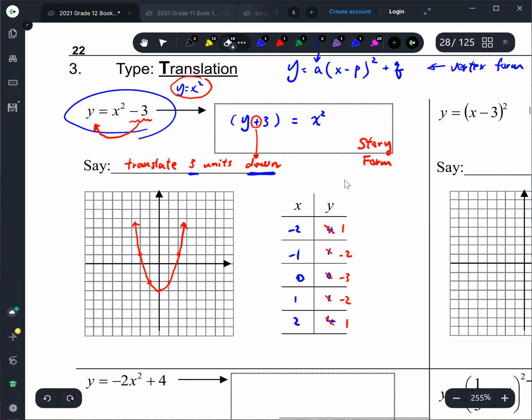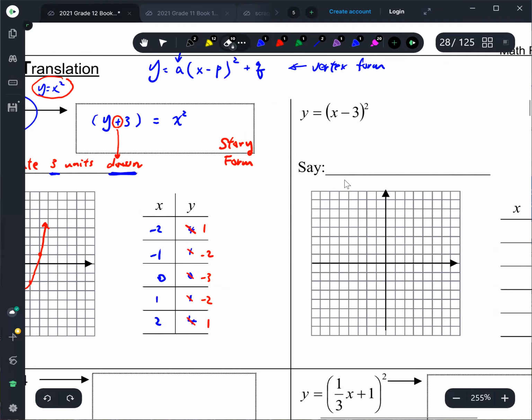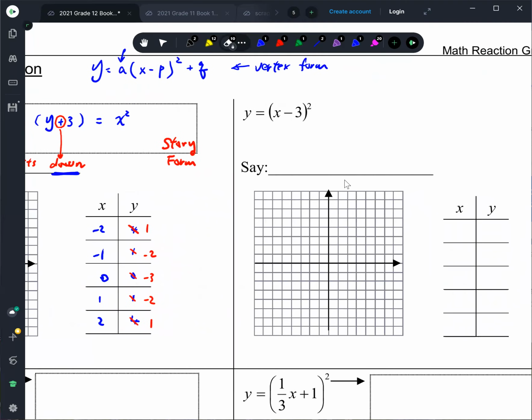So that's for up and down. I use the moving down as an example here. If it's moving up, then you will see y -3. Now we go to the right side. This time you also have a -3, but this -3 is inside the bracket.